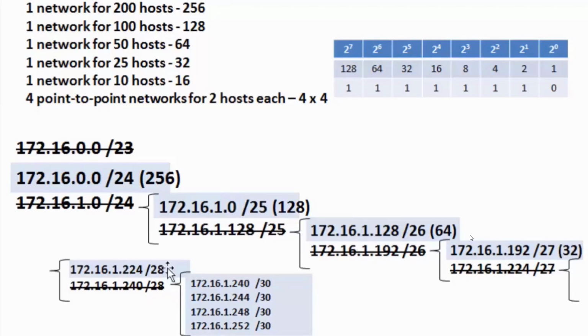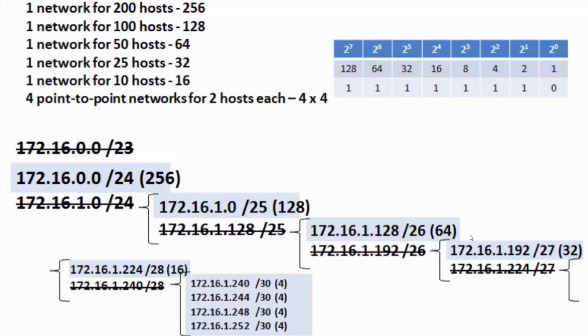The 224/28 is a 16-host subnet, and then the last 4 subnets /30 each, 240, 244, 248, and 252, are good for 4 hosts each. Once again, these sizes do not reflect the usable hosts in each subnet, but the total number of addresses in the host portion. For usable host addresses, you need to subtract 2 from each subnet.